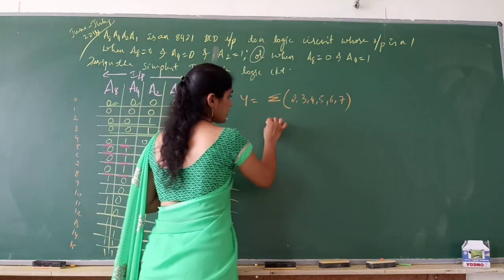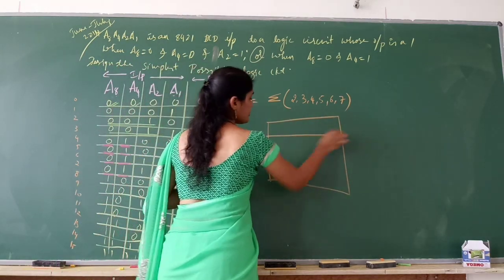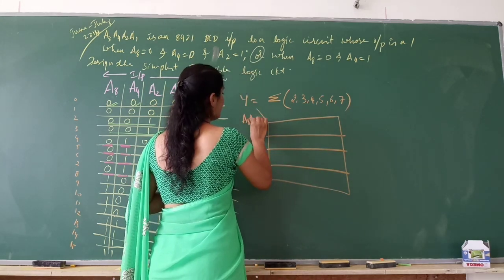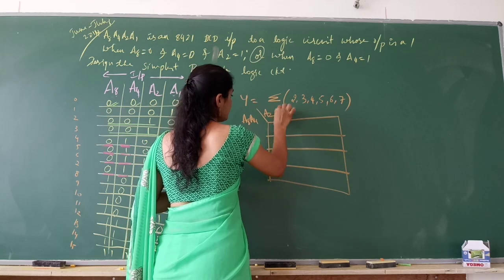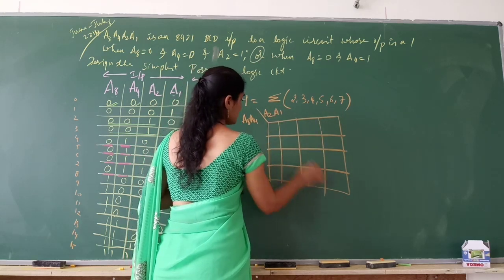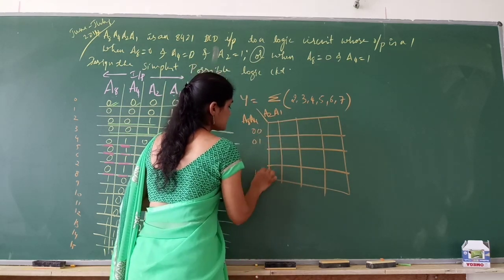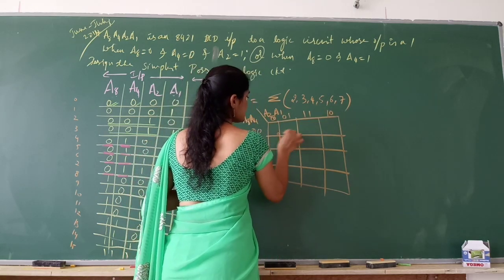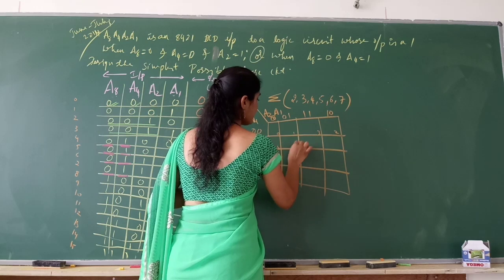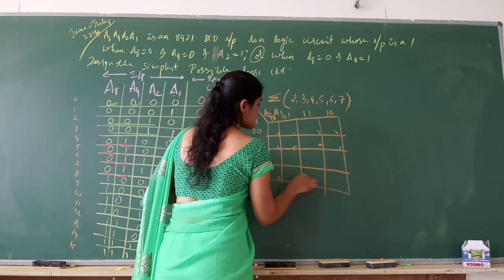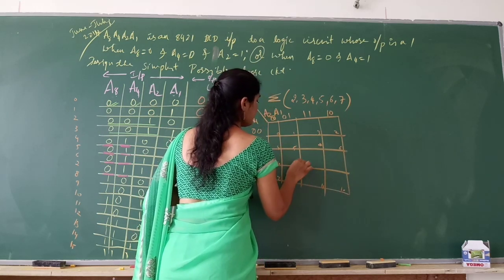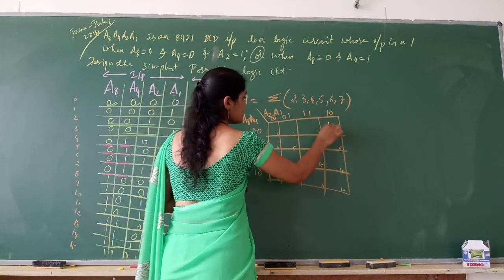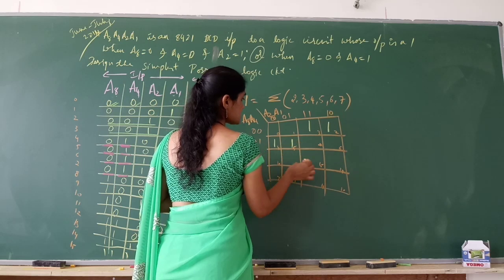So if you use K-map, let me complete the problem. This is A8, A4 and this is A2, A1, 00, 01, 11, 10, 00, 01, 11, 10. This is 0, 1, 2, 3, 4, 5, 6, 7, 8, 9, 10, 11, 12, 13, 14, 15. So what is that? 2, 3, 4, 5, 6, 7.